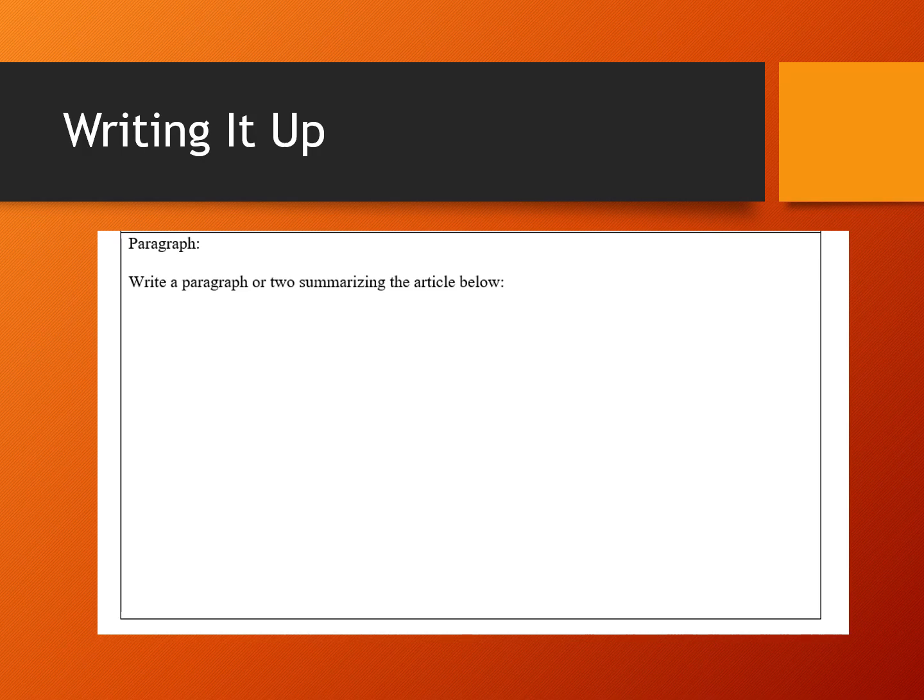So for example, if you're thinking about using a definition from a non-research article, you might say something like the following. Gifted expert Joseph Renzulli describes gifted education as, quote, and then you would put the definition in quotes, and then you would put the citation.